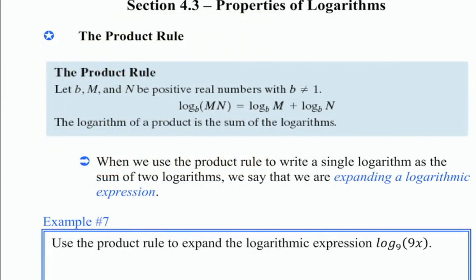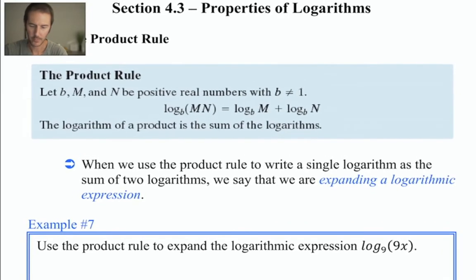The first one of the properties is called the product rule. What the product rule allows us to do is, when we have a logarithm that contains a product like m times n, we can expand that logarithm and give each of the two factors, m and n, its own logarithm.